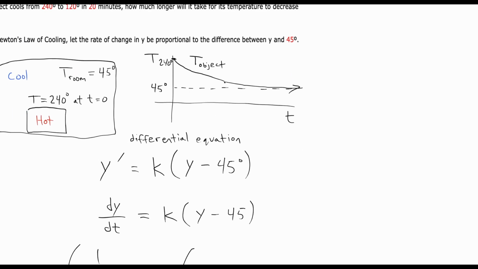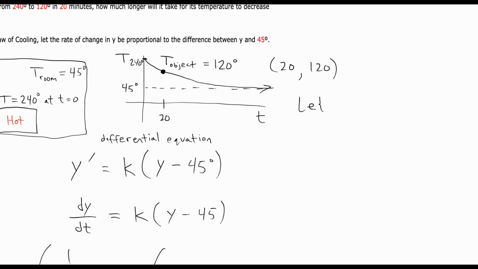Next, we want to figure out, using the data that they gave, what is the correct value of C for our particular curve. They said after 20 minutes, the object gets to a temperature of 120 degrees.